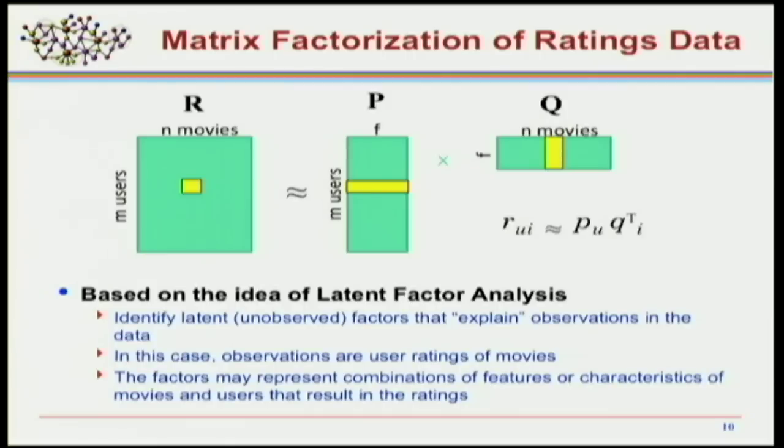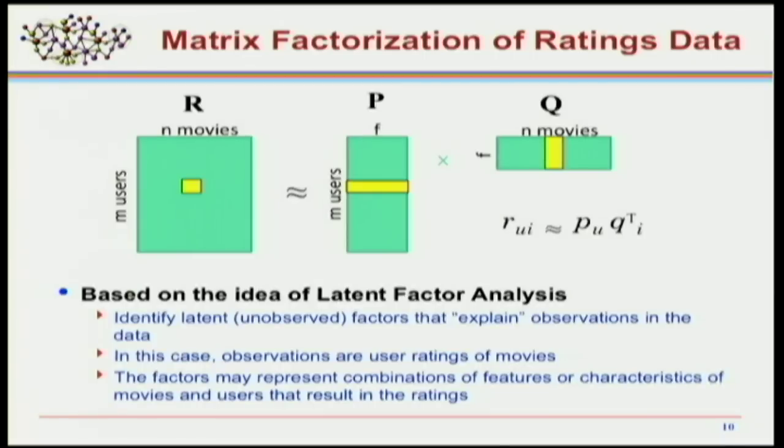So the basic idea is you factorize the rating matrix, right? You create factors, the idea of latent factor analysis. You create kind of a lower dimensional space. So of these two factored matrices, one represents the user's representation with respect to these latent factors that are discovered. And the other is the movie factor matrix, where movies are represented in terms of some latent factors.